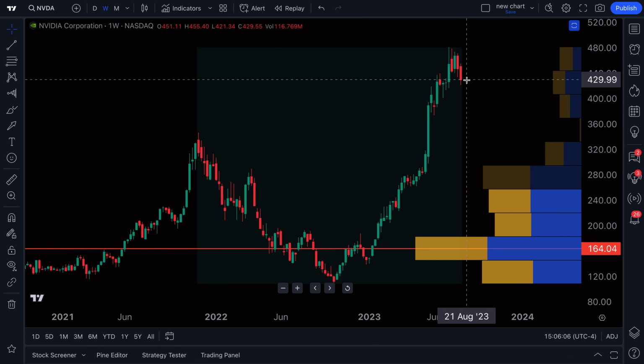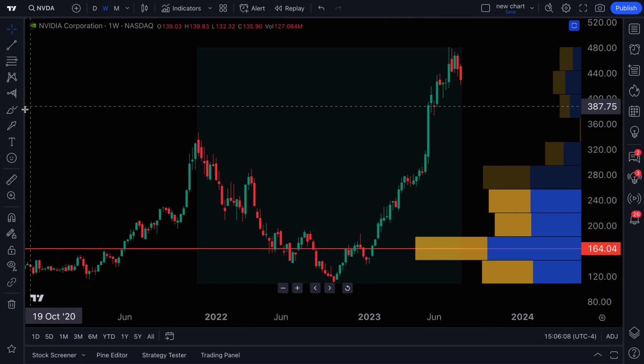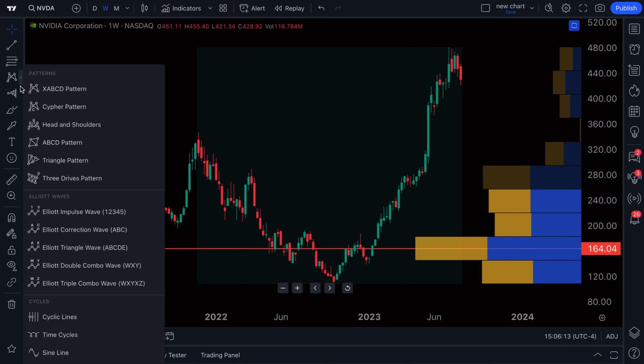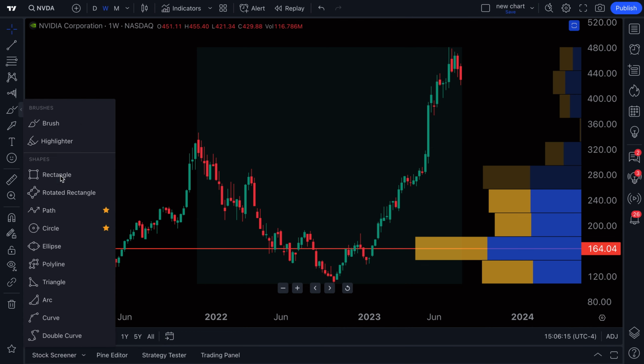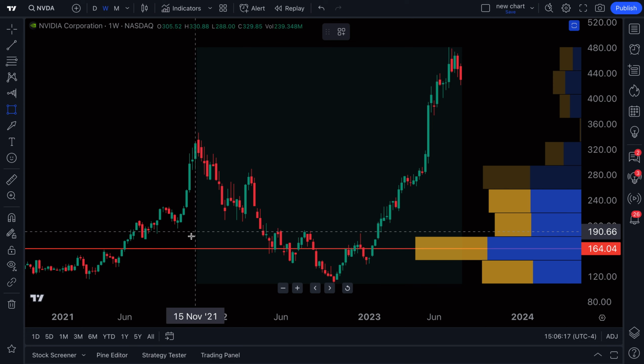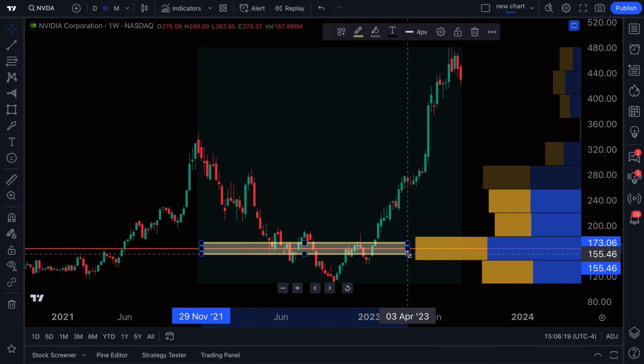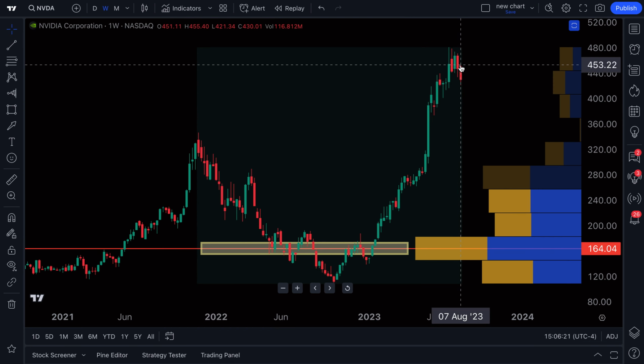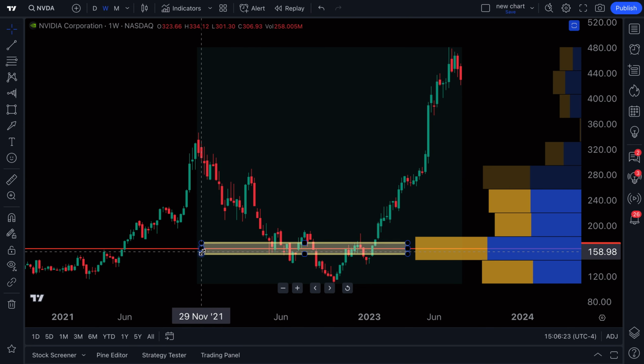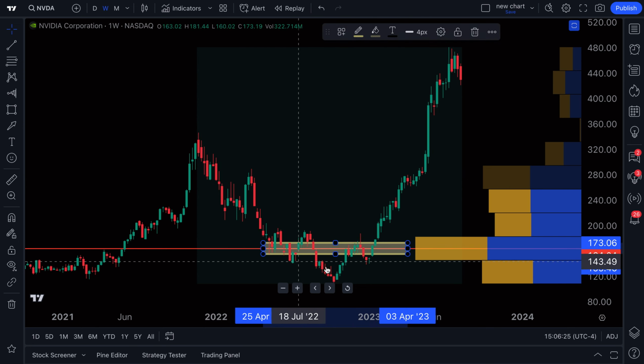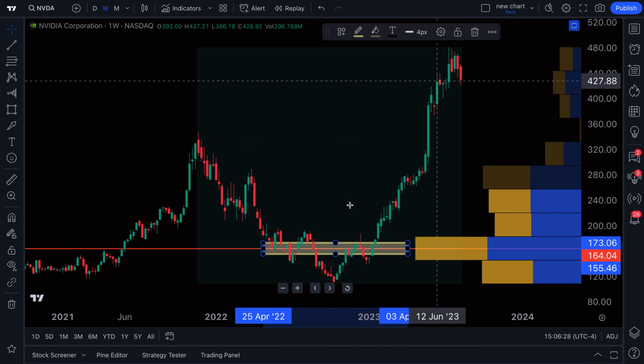So that could tell you a number of things. It could tell you that a large number of traders or investors have been profitable on this asset. And why do we say that? Well, if most of the trading volume happened here, but the price is up here, then it shows that there were definitely some buyers in this region who helped pick this thing back up.